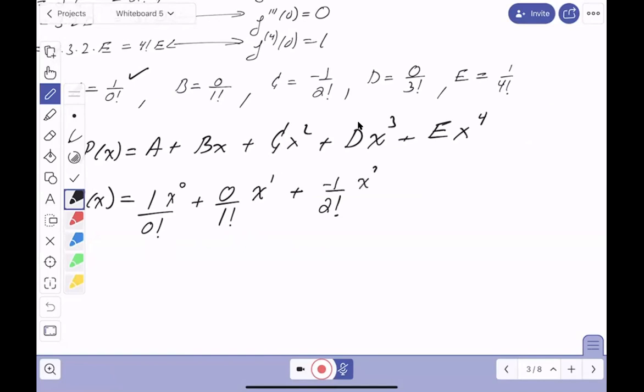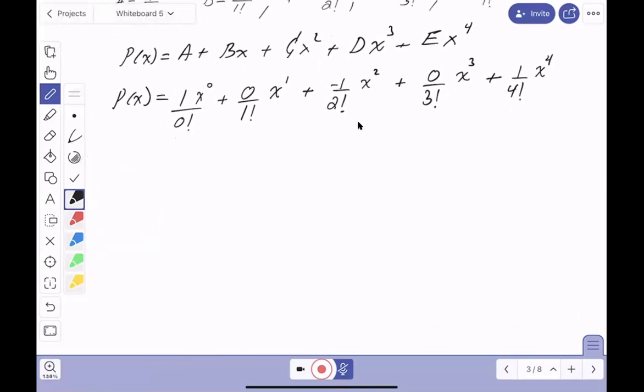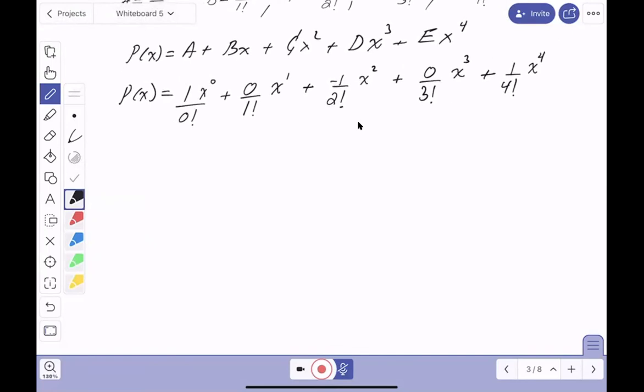And then X squared. Plus, what's D? It's 0 over 3 factorial. And then you get X cubed. And then you're going to get plus 1 over 4 factorial X4. All right, I'm going to clean this up a tiny little bit, but I definitely see a pattern to this, and I hope you see it too.